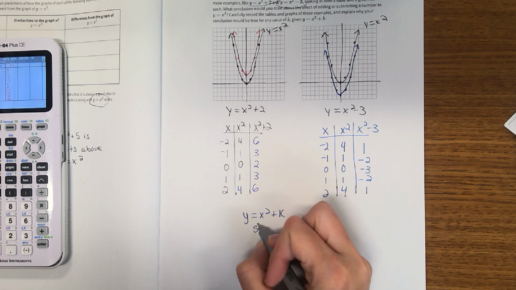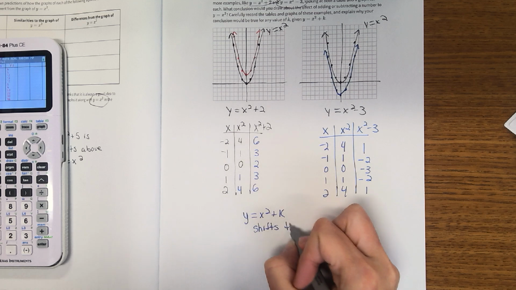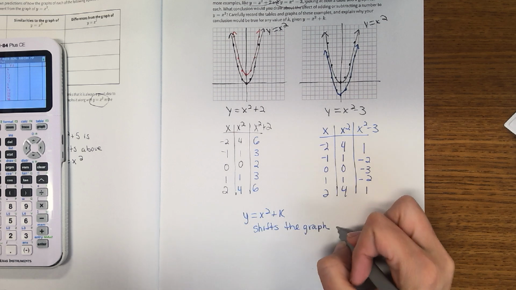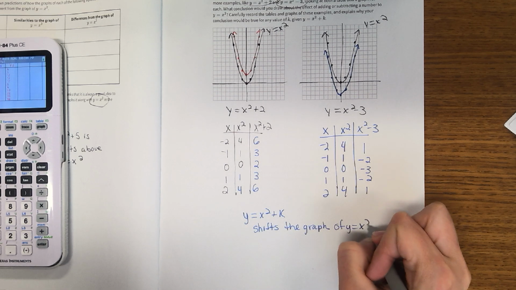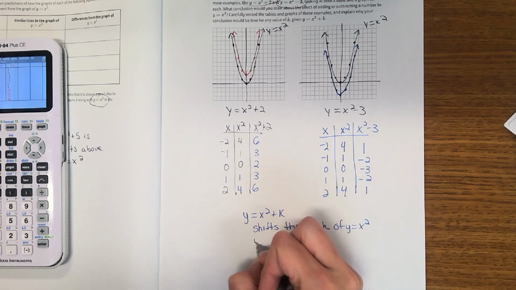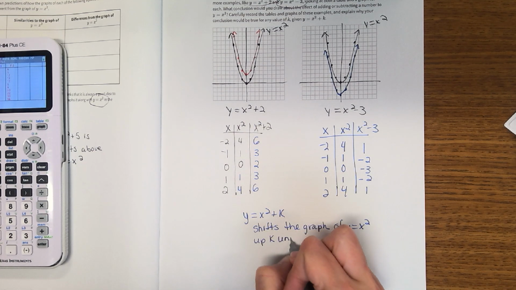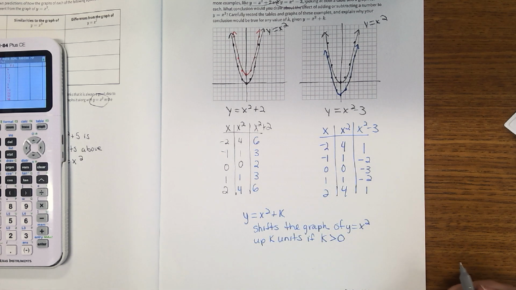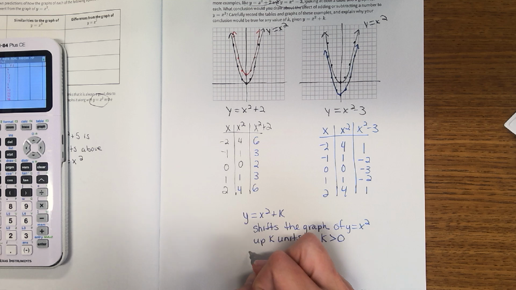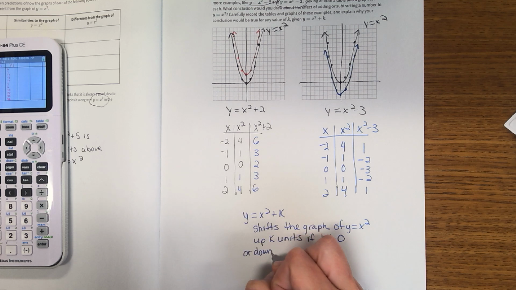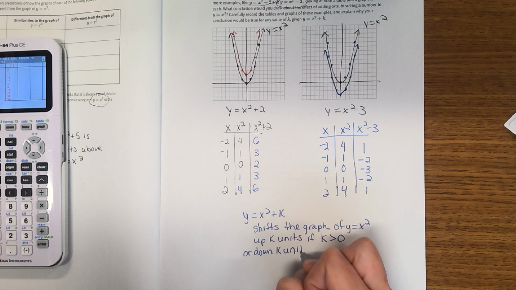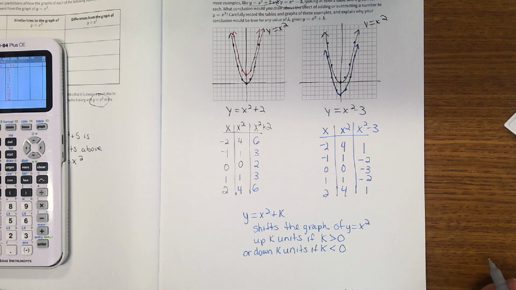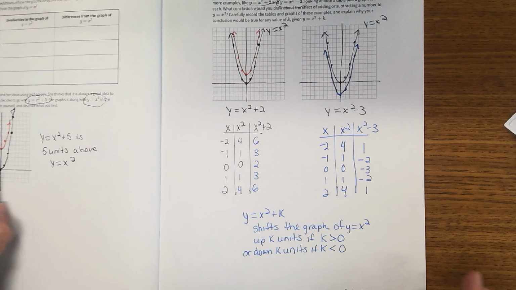This shifts the graph of y equals x squared up k units if k is greater than 0, or down k number of units if k is less than 0. So that's what we've got going on with those. Okay, that's the first piece.